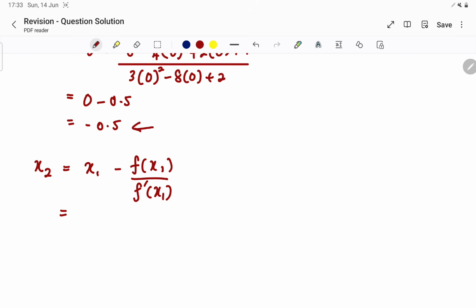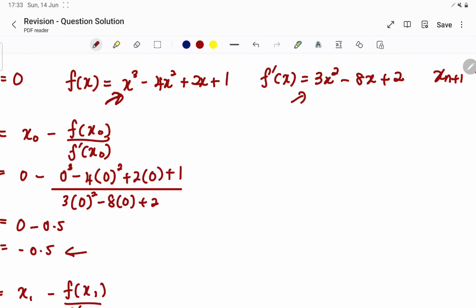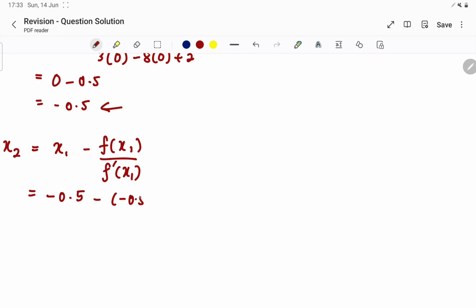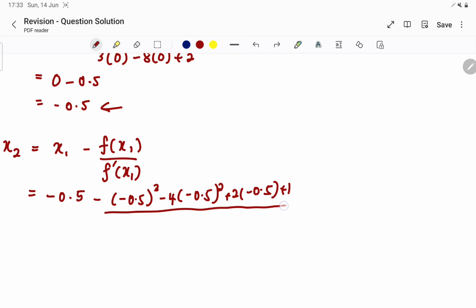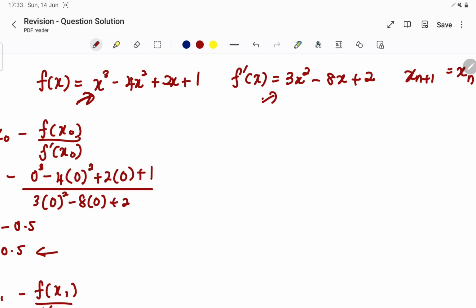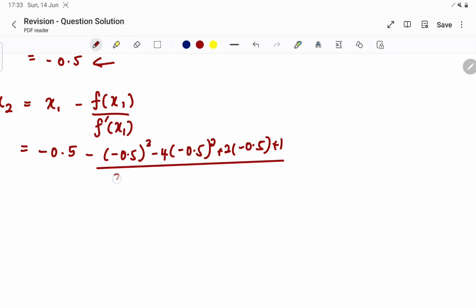Your x1 is negative 0.5, so you substitute x equal to negative 0.5 in each x: (-0.5) cubed minus 4 multiplied with (-0.5) squared plus 2 multiplied with (-0.5) plus 1, divided by f prime of x1: 3 multiplied with (-0.5) squared minus 8 multiplied with (-0.5) plus 2.